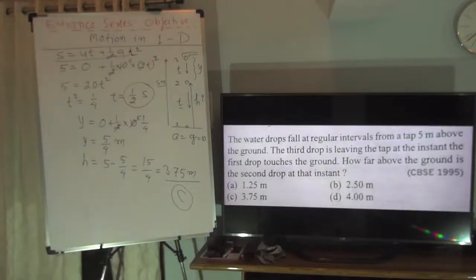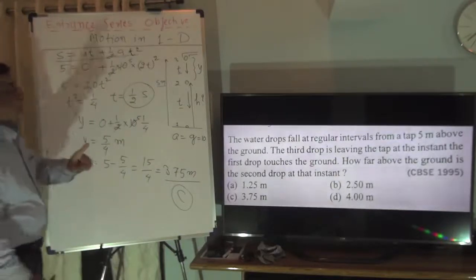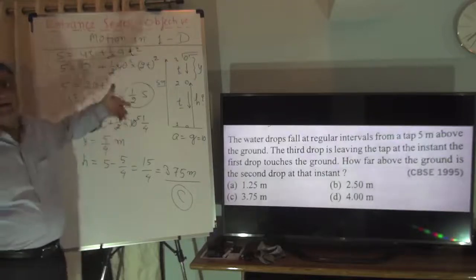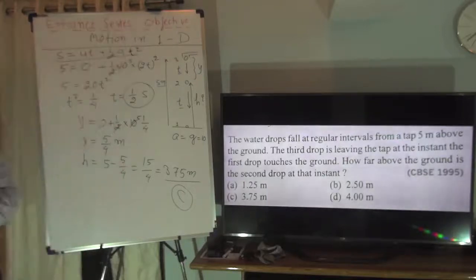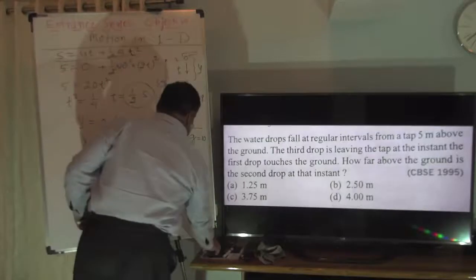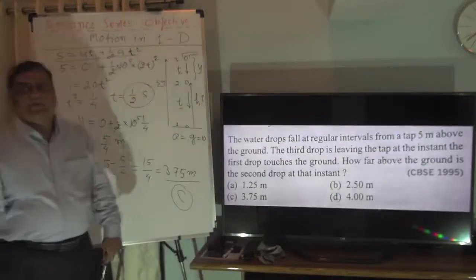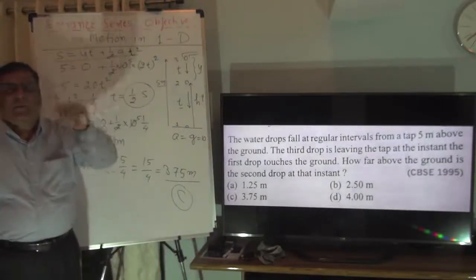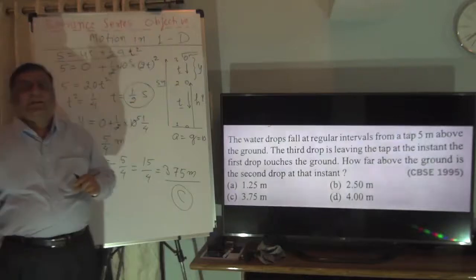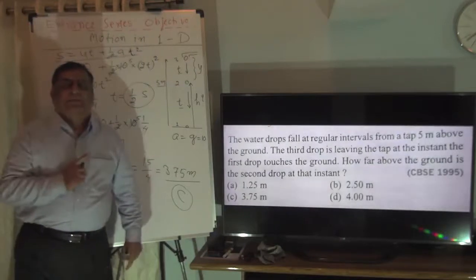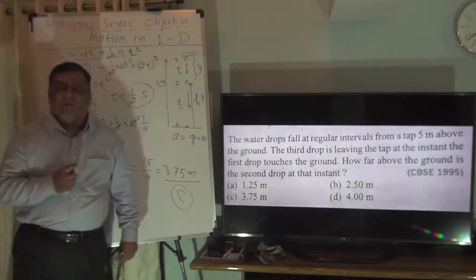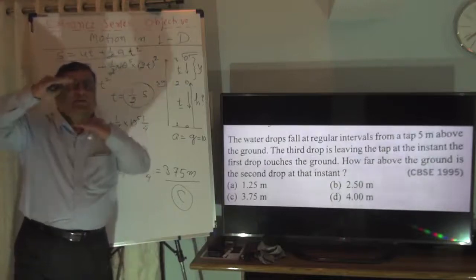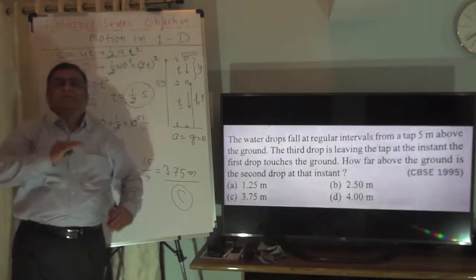Okay, so this is done. You can repeat or revise this to find out the points we have considered. The important point is, whenever there are drops falling, the quantity we have to consider is time, because the time interval between the two drops always remains constant.